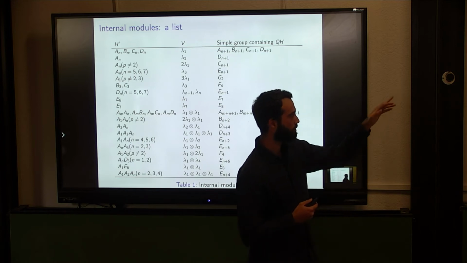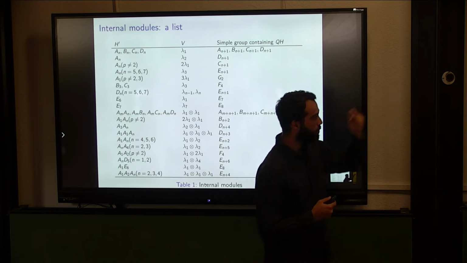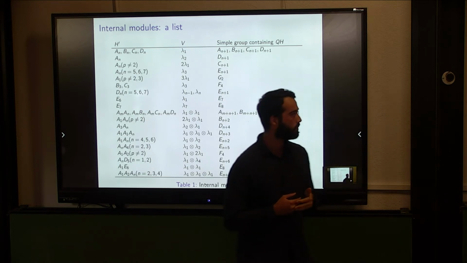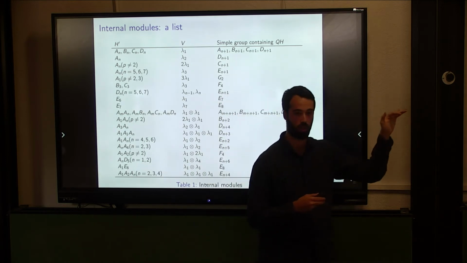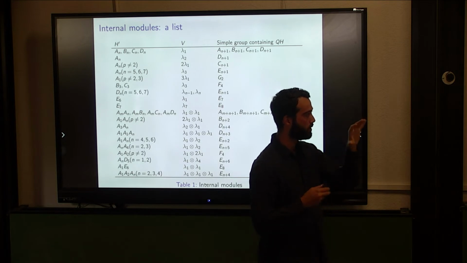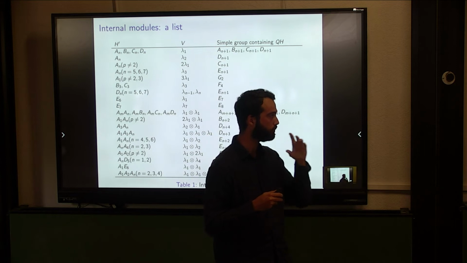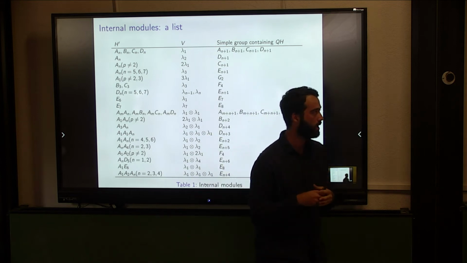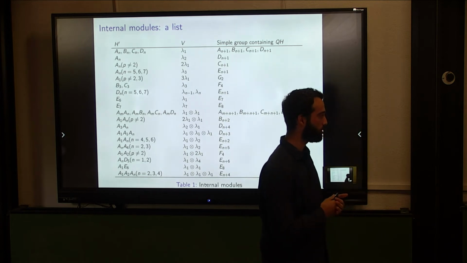So for example, in the first line, we see the classical groups. The module is given by its highest weight. So for example, lambda 1 corresponds to the natural module for the classical groups. And then in the third column here, since we have this construction for internal modules, I'm giving the simple groups Gamma, from which we can find a parabolic where this construction is possible.